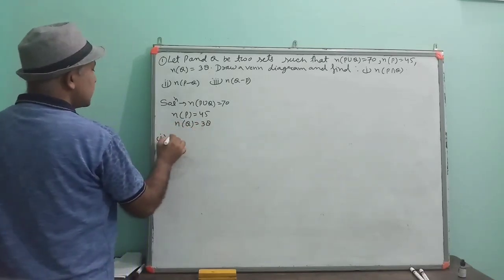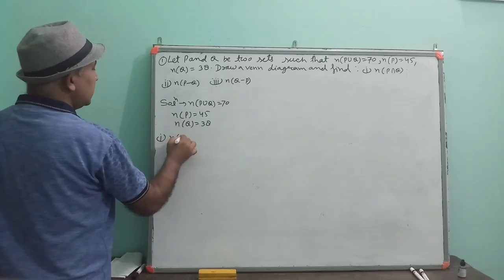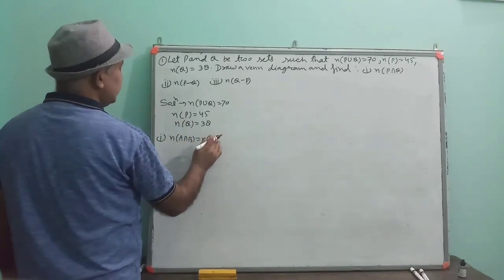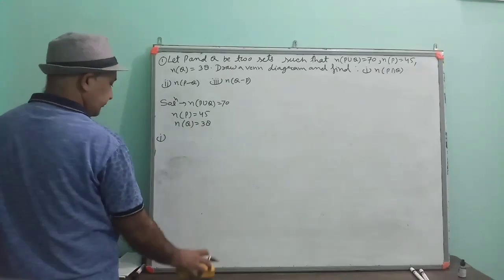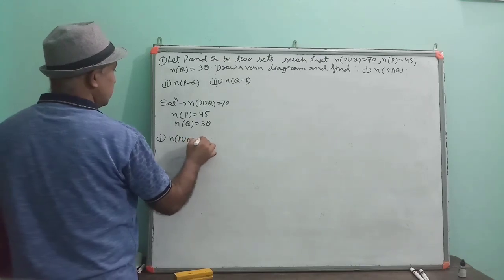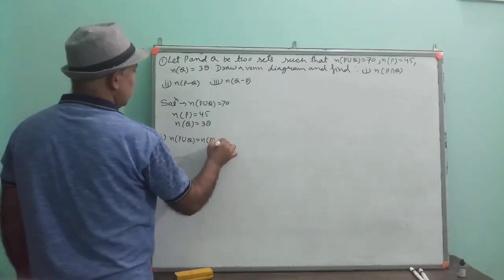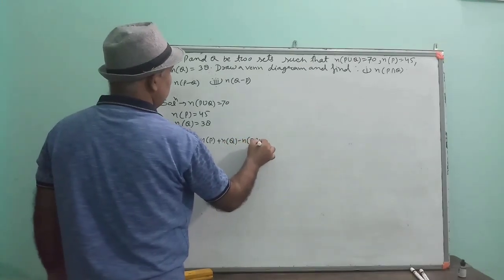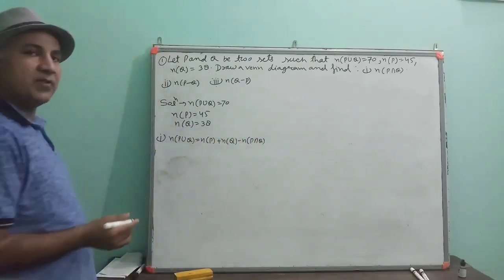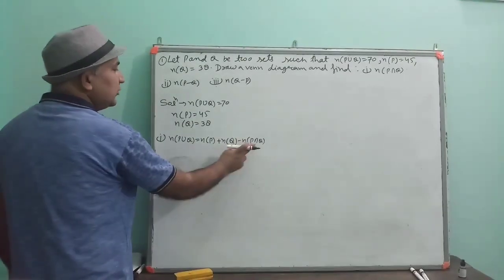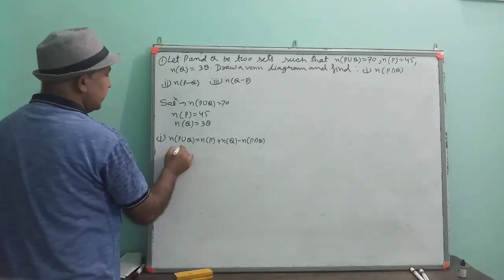Cardinal number of P union Q is 70, cardinal number of P is 45 and cardinal number of Q is 38. So we know the formula which we have read. From this formula you can see that you have to find the intersection.